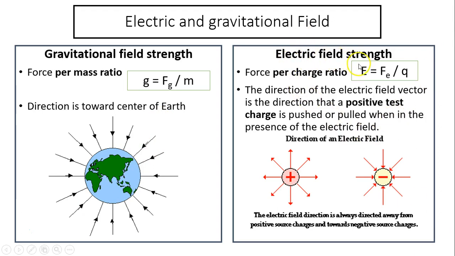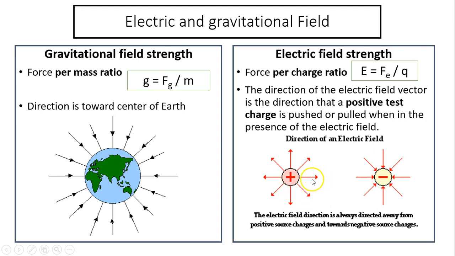Similarly, electric field strength is defined as the electric force per charge ratio. So it's a ratio. The direction of the field is a vector that is the direction that a positive test charge is pushed or pulled when in the presence of an electric field. So it is really away from the positive and toward the negative.